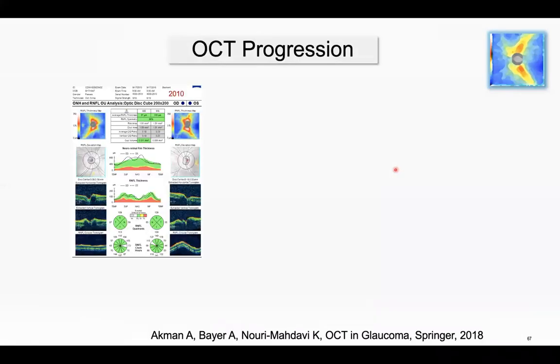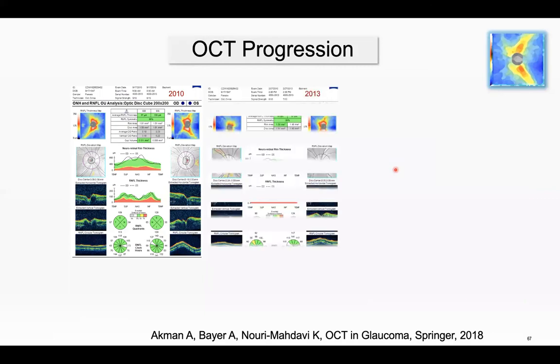This is another interesting patient, and I want to stress this patient a lot. She was a 65-year-old lady diagnosed as a glaucoma suspect in 2010. Her IOP was 32 in both eyes. Medical treatment was started and she was followed until 2013. Her IOP remained around 23 in the right eye and 18 in the left eye.